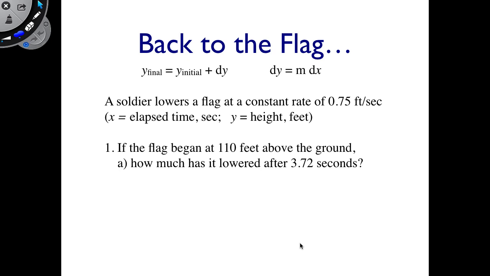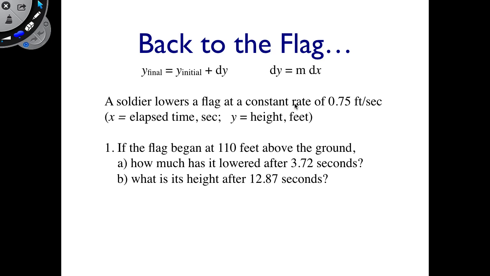It's asking us how much this changes. So if I need to find a value of dy, I need this rate and how much x has changed. Well, x has changed by 3.72 seconds. So y has then changed by 0.75 times as much.